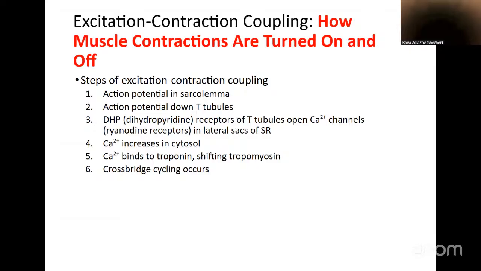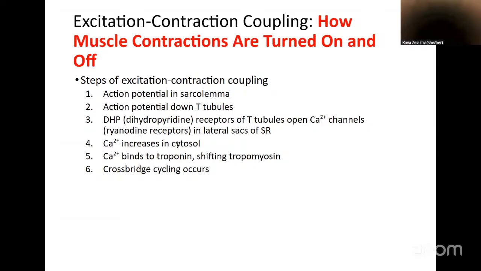And as that action potential travels down these tubes, we have receptors in the tubes that open calcium channels that have been waiting to release the stored calcium in the lateral sacs of the sarcoplasmic reticulum. So when we send this action potential down the T-tubule, the calcium gets released from that sarcoplasmic reticulum into our cytosol, into the cytoplasm.